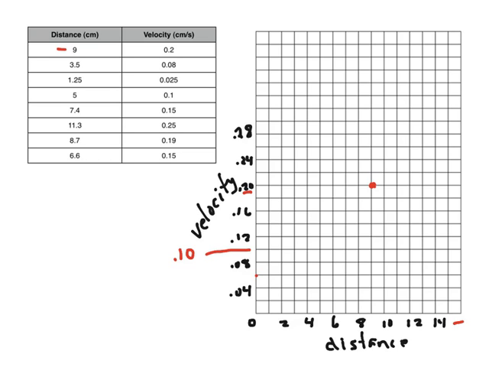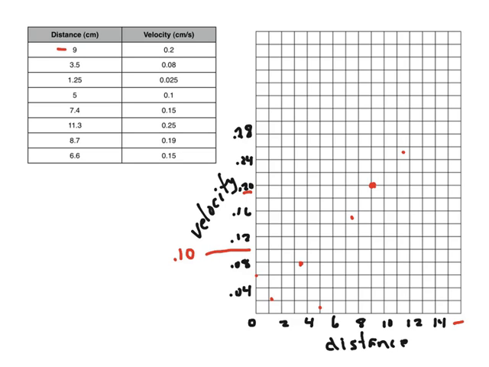3.5 and 0.08. So 0.08 and 3.5. 1.25 and 0.025 is going to go right around in there. 5 and 0.1, it's right about there. 7.4, 0.15. 7.4, 0.12, 4.15. 11.3, somewhere between the 11 and 12, 0.25. 0.24, 0.25 is going to go in the middle-ish. 8.7, 0.19.